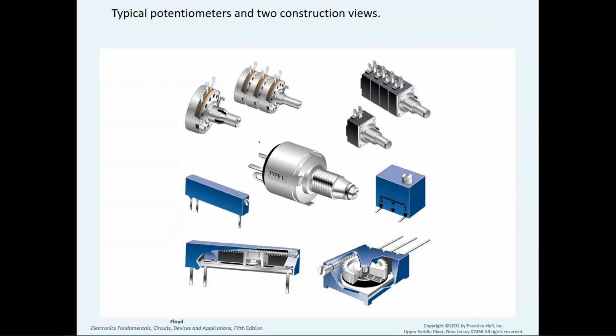So these are some very typical potentiometers. What you would generally find, again, is the 3 leads, and then you have some way, like a type of screw or a type of dial, that allows you to change the resistance on the inside of these potentiometers.